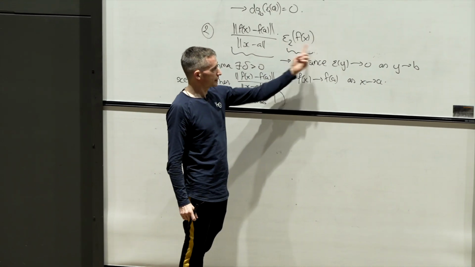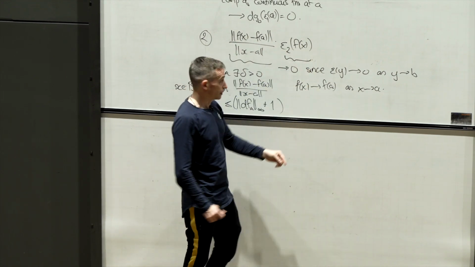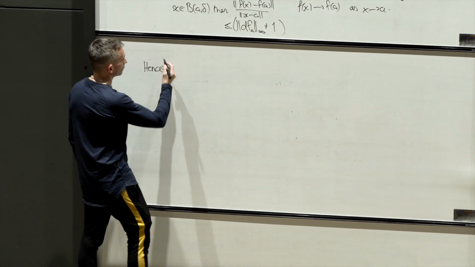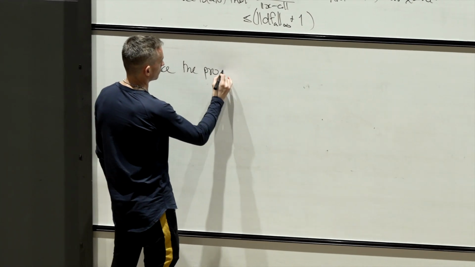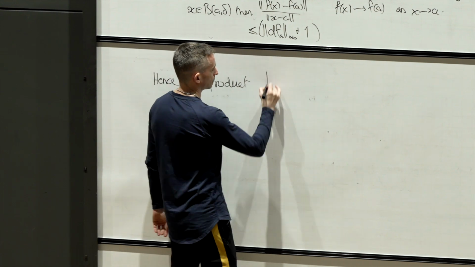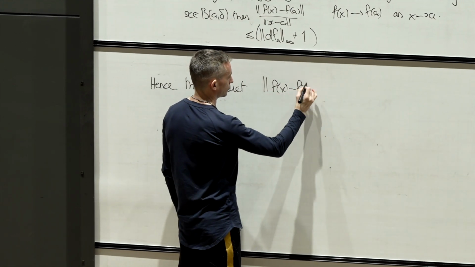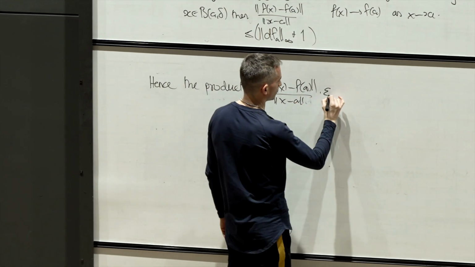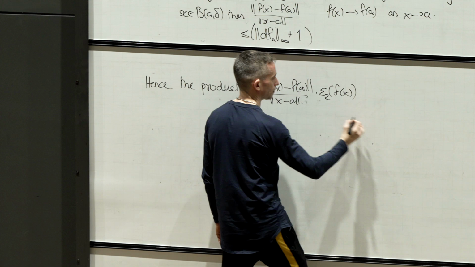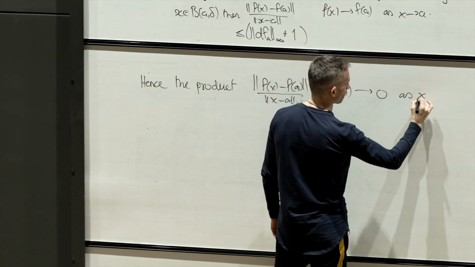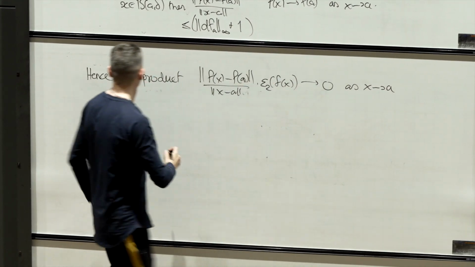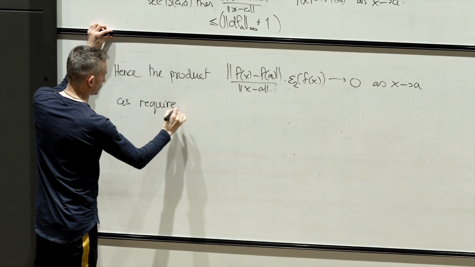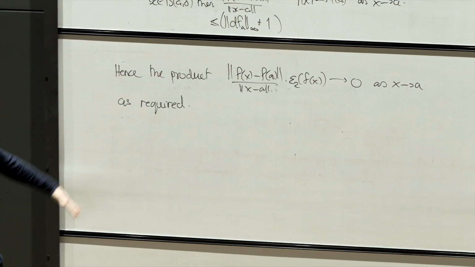And then this term goes to 0, so the product goes to 0, as required. Okay, so that proves the chain rule.